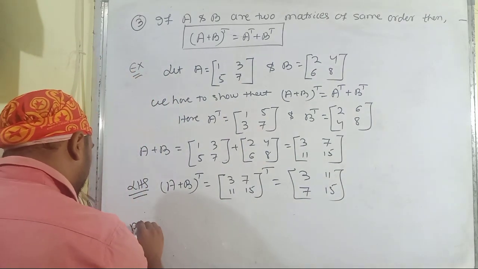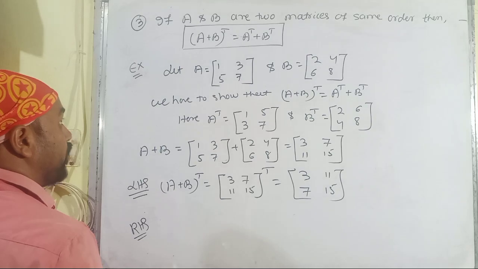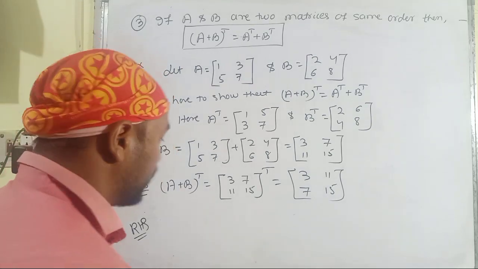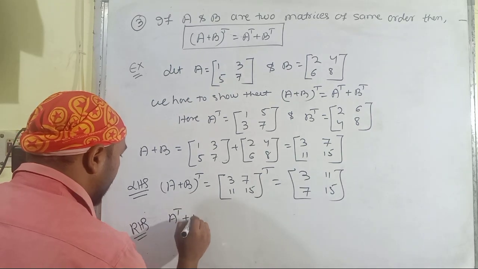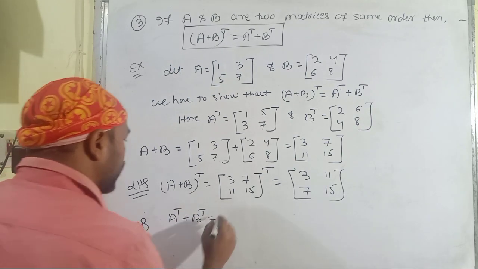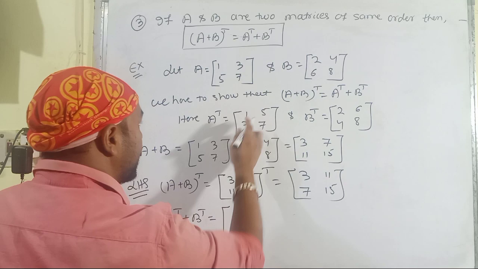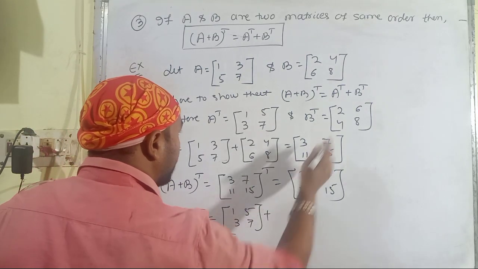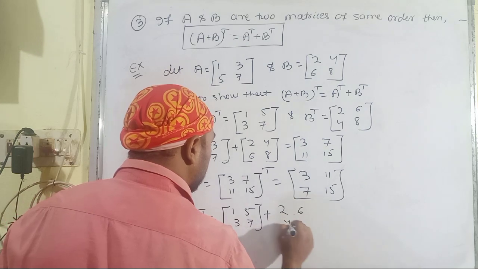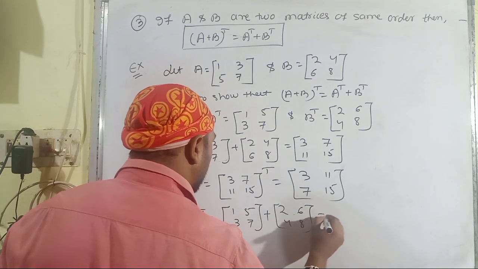Then we have to find out the right hand side part and we have to check if they are equal or not. So the right hand side part is the transpose of A plus transpose of B. So here the transpose of A is 1, 5, 3, 7 plus the B transpose is here 2, 6, 4, 8. We just have to add them.